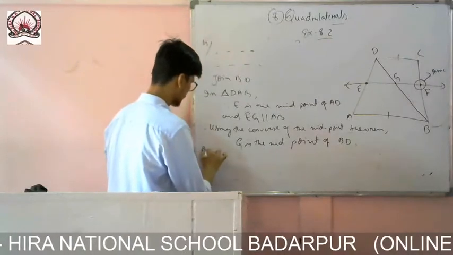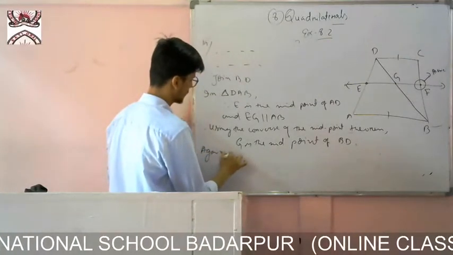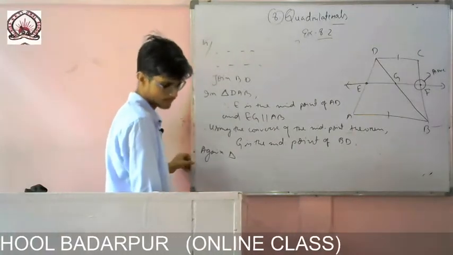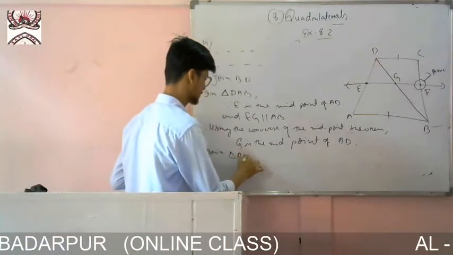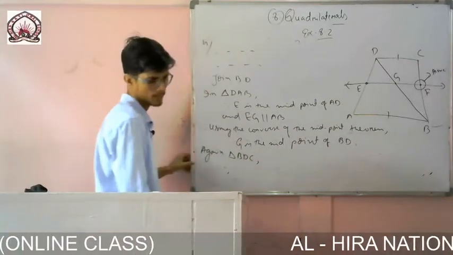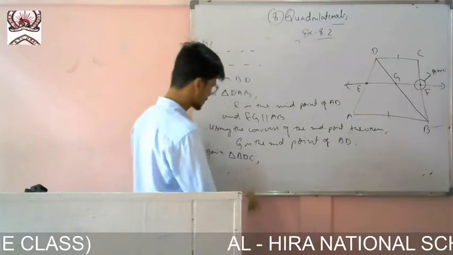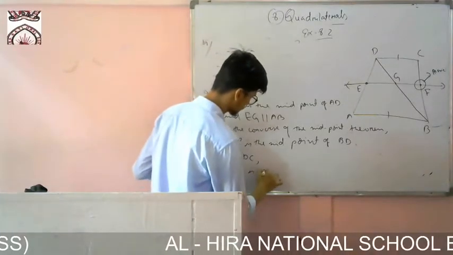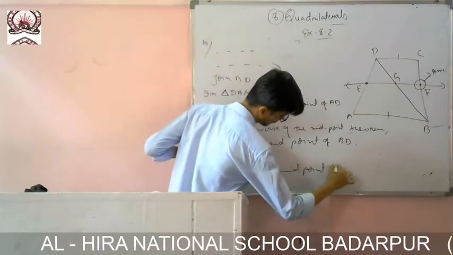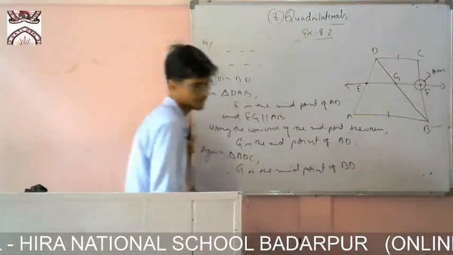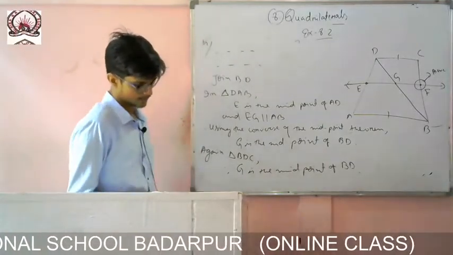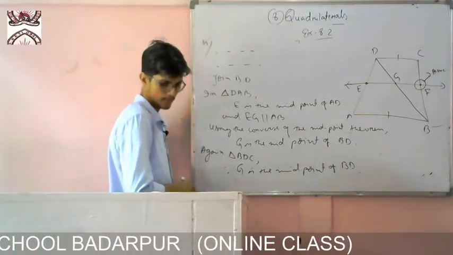Again in triangle BDC, since G is the midpoint of BD, I can write that GF is parallel to DC.